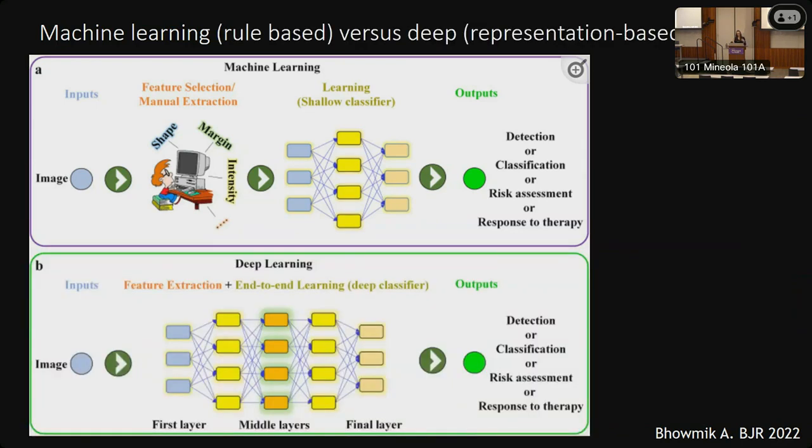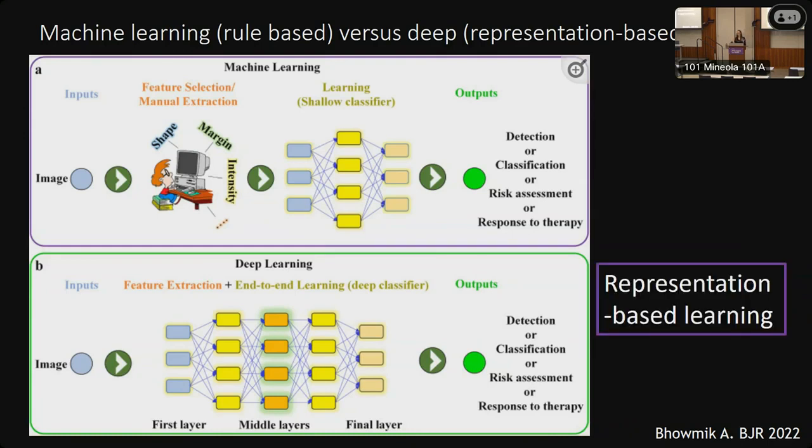And then we got to deep learning. So now we took the radiologist out of the picture, and we didn't tell the algorithm what to look for. We just gave it a lot of data, hundreds of mammograms that were normal, hundreds of mammograms that were abnormal, and let it learn its own way. So it was building a representation of the data on its own without following human rules.